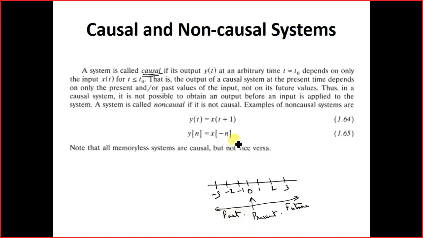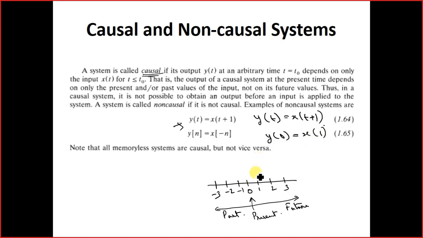Now consider this equation, y of t equals x of t plus 1. Let us consider y of 0: if t equals 0, then our equation becomes y of 0 equals x of 1, right?